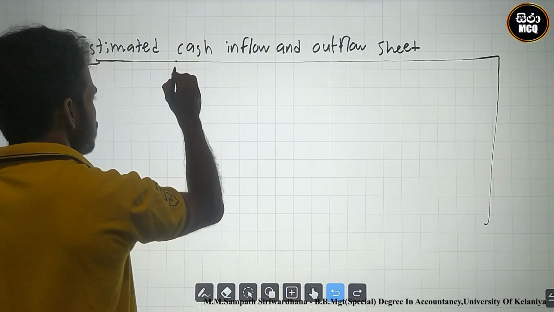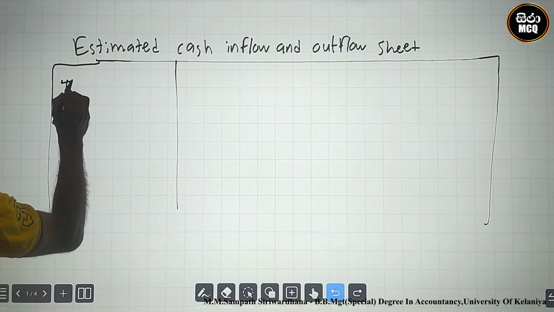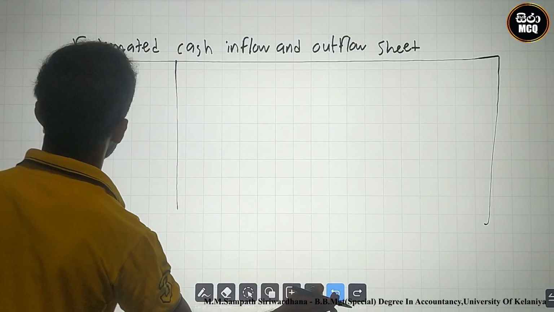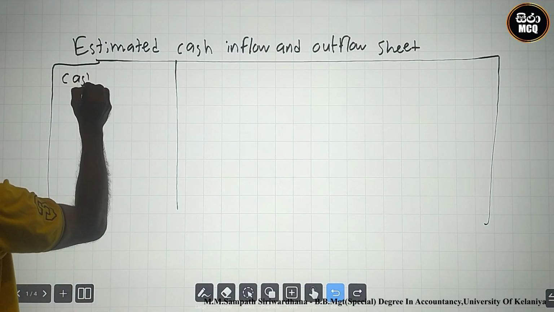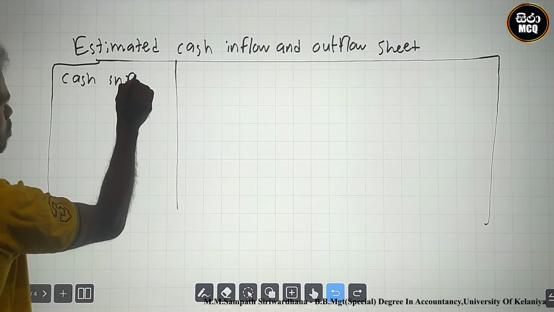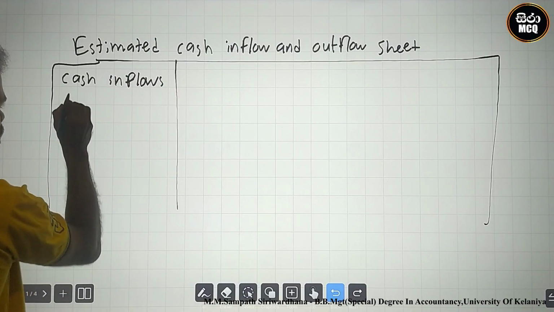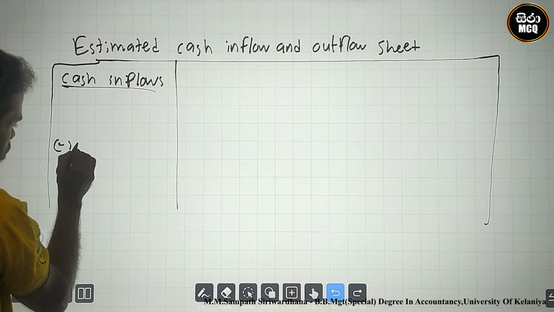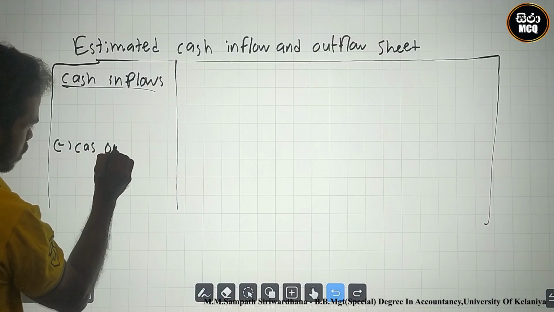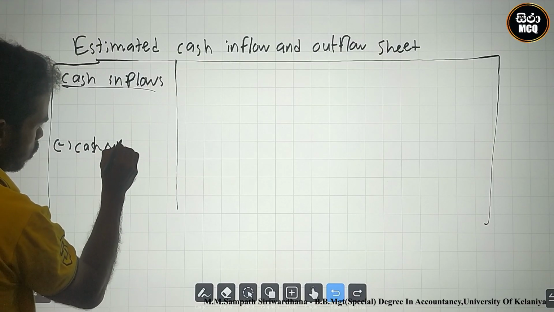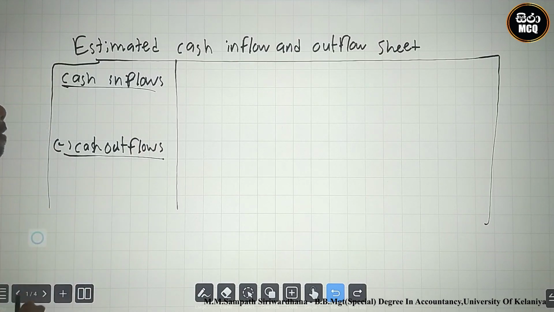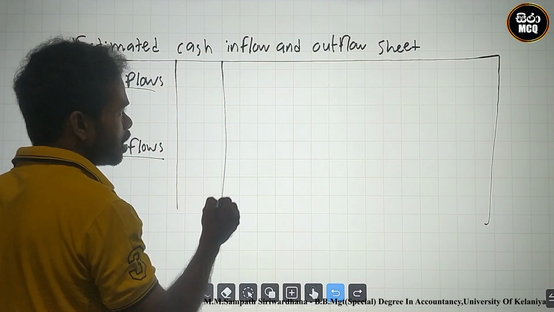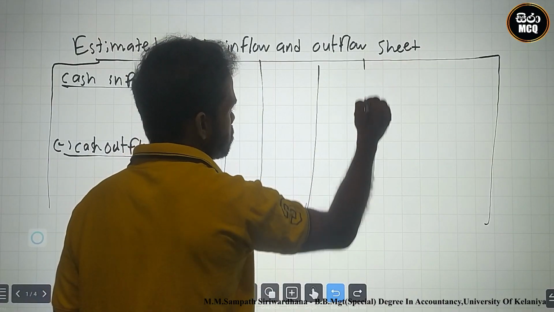In that, we write cash inflows and some cash outflows. After that, there are some years.